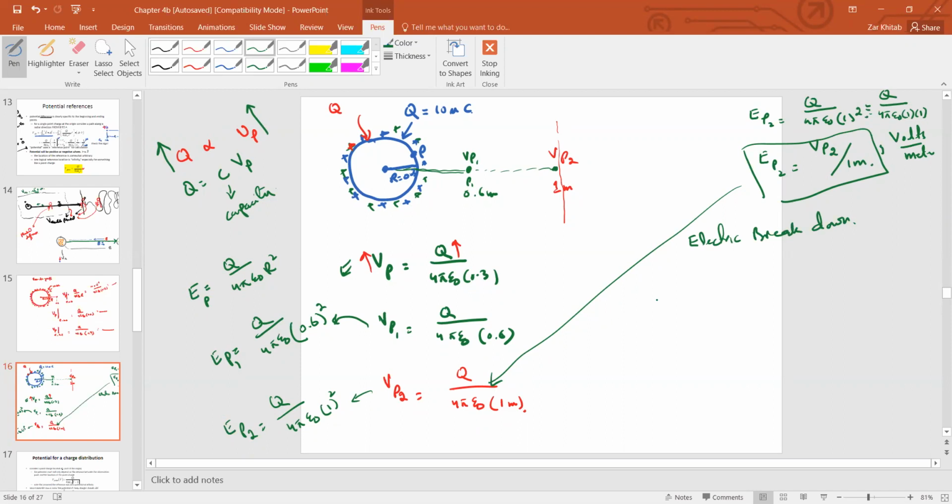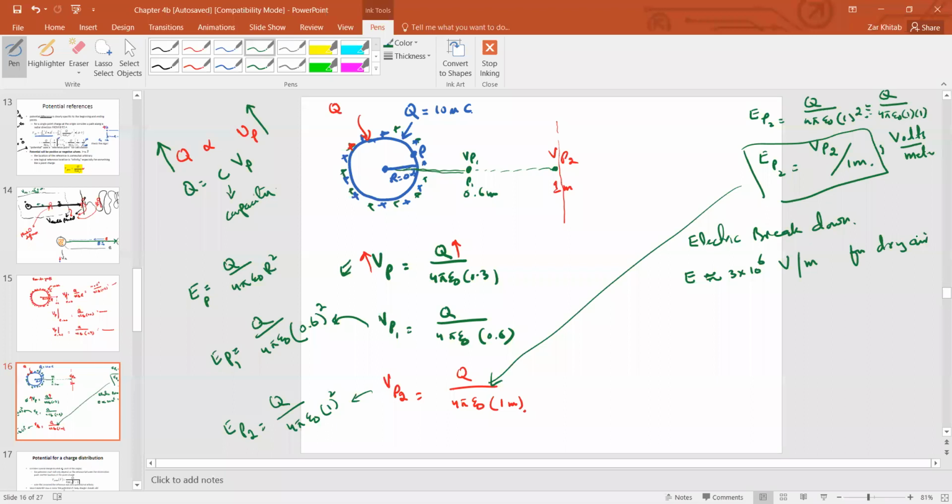Electric breakdown is the value of electric field which is nearly 3 into 10 to the power 6 volts per meter for dry air. For this much electric field, the ionization of the dry air occurs.